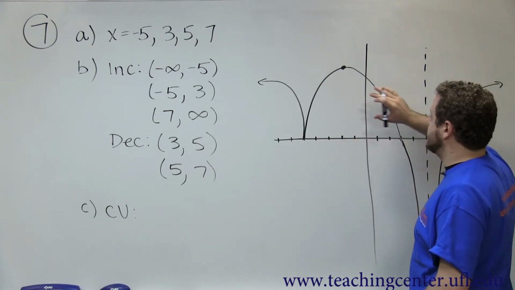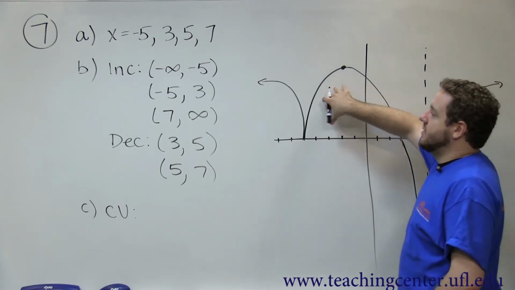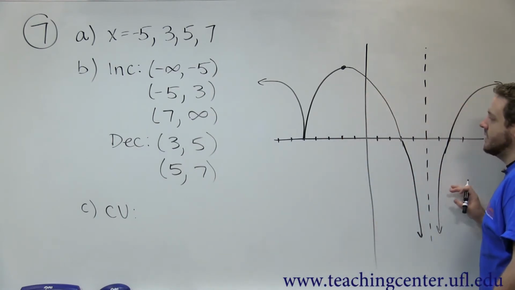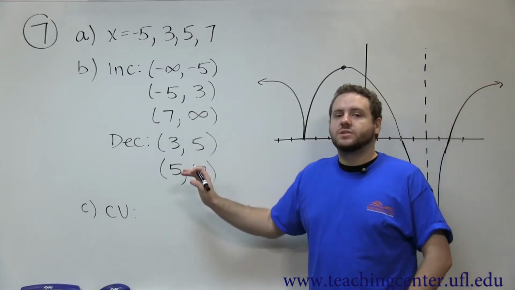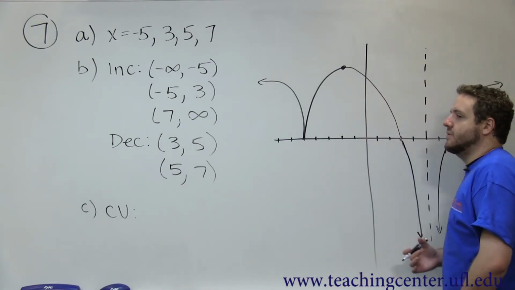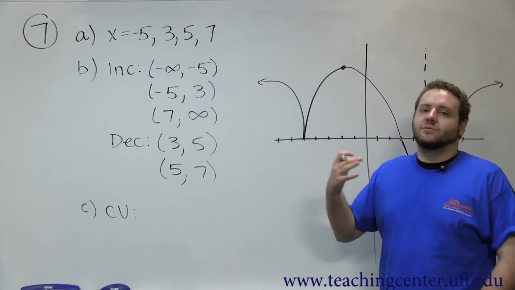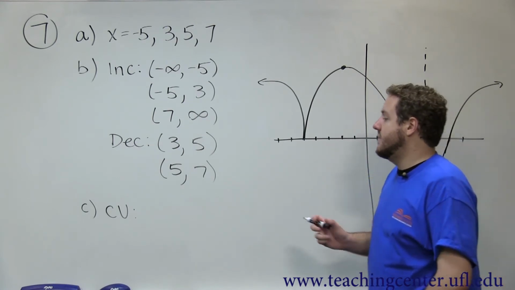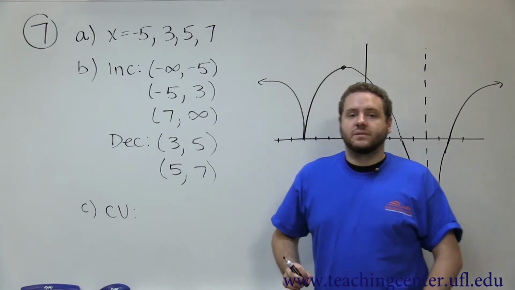When the first derivative is positive, our function is increasing. When the first derivative is negative, our actual function is decreasing. So you can think of the second derivative as comparing to the first derivative, just like the first derivative compares to the function.